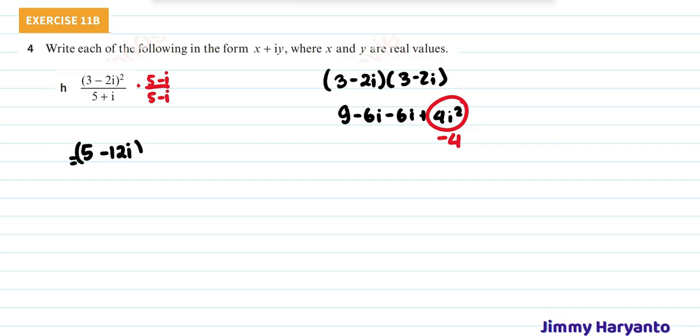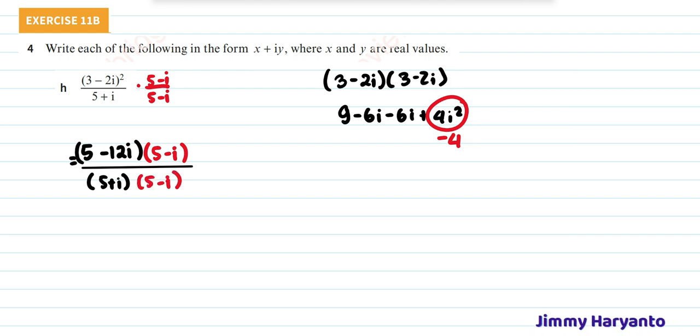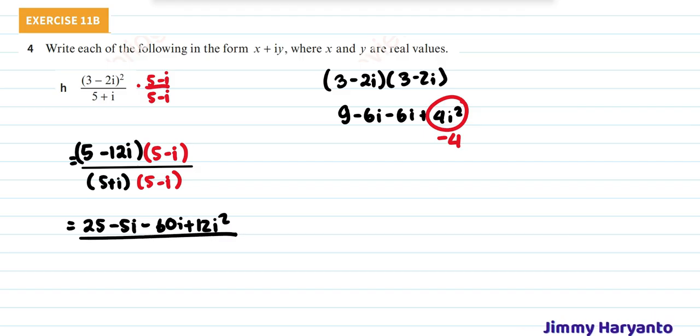Okay, like this, and then we have to multiply it with 5 minus i over 5 plus i times 5 minus i. Okay, good. Next is this one, 25. This one is negative 5i. Next is negative 60i. And the last one is positive 12i squared over, and then this one is 25 minus i squared.